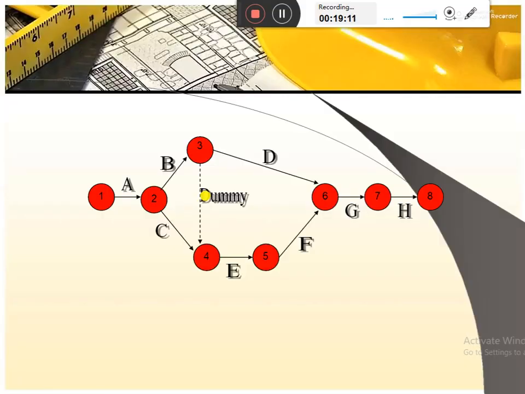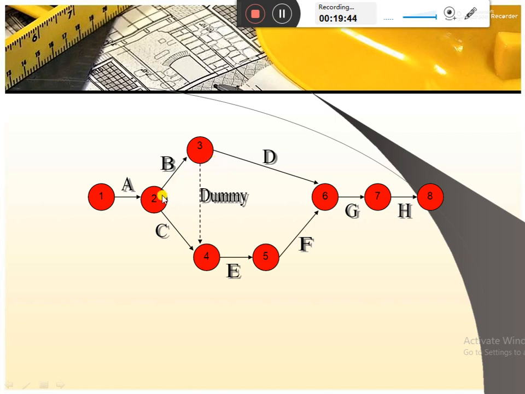For example, if we talk about activity D, the immediate predecessor or preceding activity would be B, because it must be completed immediately before starting of activity D. But activity A is also a predecessor of activity D, as it has been completed before starting of activity D, but not the immediate one.